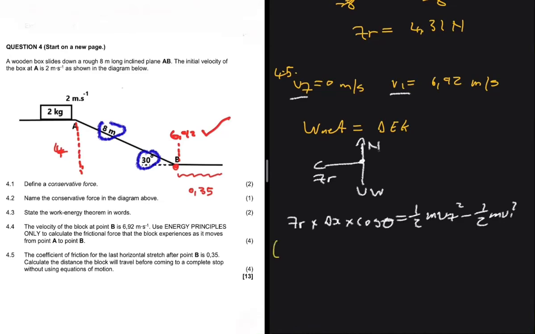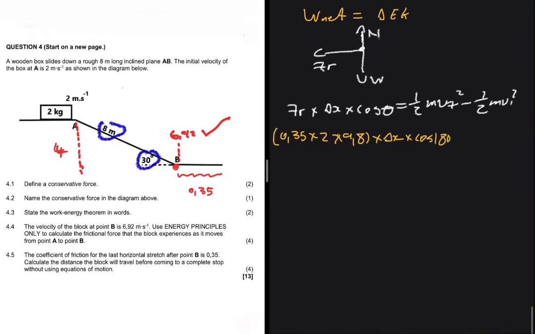So the coefficient is 0.35 and the normal force is mass multiplied by gravity. So that will be 2 multiplied by 9.8, and then we have delta x, and then the angle that we have there is obviously cos of 180, right, for frictional force, and that should be all equal to, so I'm running out of space, so I'm just going to write it here.